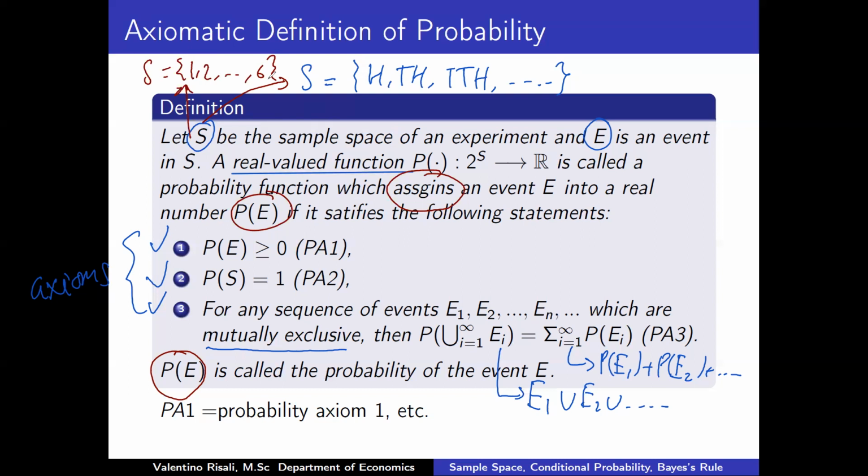Okay, thank you, sir. Yeah, and this axiomatic definition is a generalization. Actually, it is the generalization of the classical definition. It helps us to deal with sample spaces that have infinitely many elements.